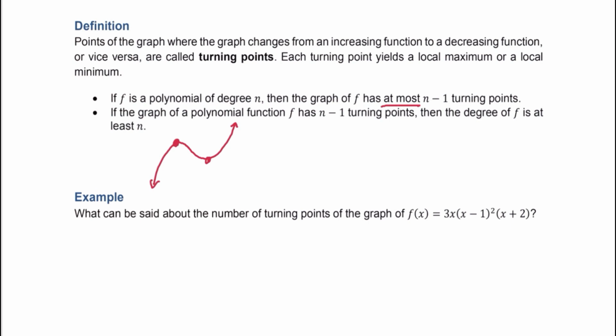For example, what can be said about the number of turning points of the graph of f of x? First, we need to look at the degree. We can look at the powers on those x's. The first x has a degree or power of 1. Then we have 2, and then another 1. If we add those up, we get a total degree of 4. So that means we have at most n-1 or 3 turning points.